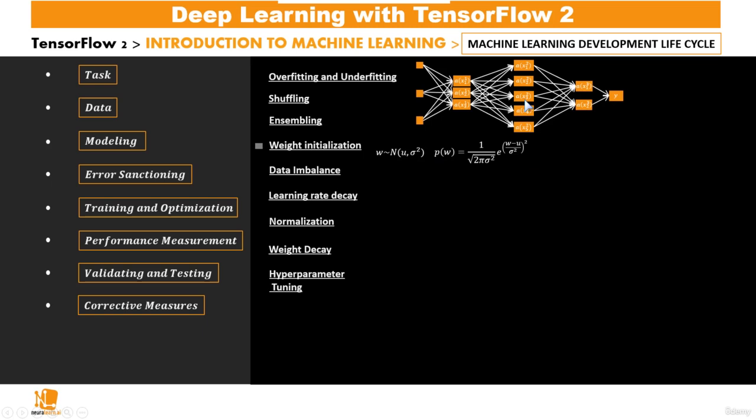Although using random initialization of the weights is already better than fixing the weights initially, we could enforce some constraints to make this random initialization more efficient. The first is that the weights are drawn from a normal distribution with mean equals 0, and also that the variance sigma square is the same throughout the whole network.